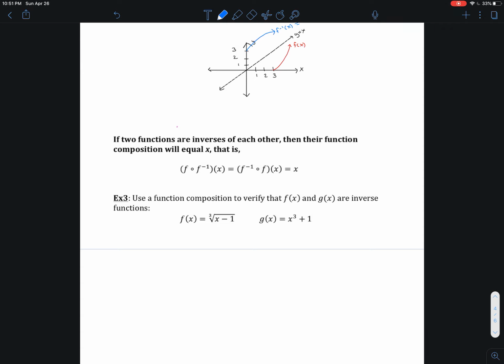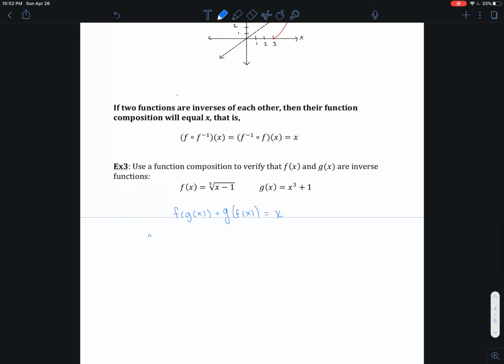Use a function composition to verify that f of x and g of x are inverse functions. Okay, so what we're trying to prove is that f of g of x equals g of f of x, and this equals x.